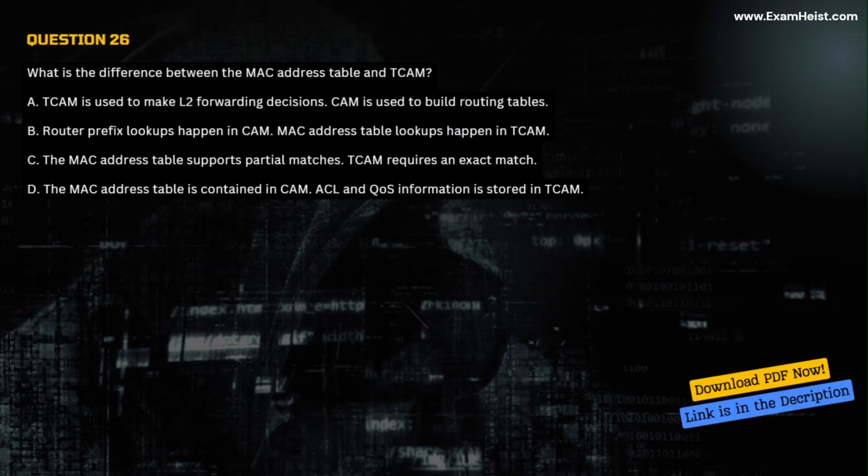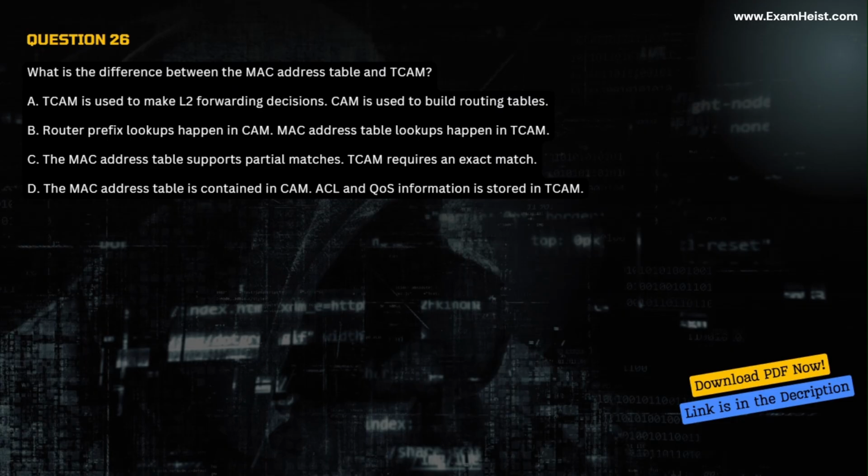Question 26. What is the difference between the MAC address table and TCAM? A. TCAM is used to make L2 forwarding decisions. CAM is used to build routing tables. B. Router prefix lookups happen in CAM. MAC address table lookups happen in TCAM. C. The MAC address table supports partial matches. TCAM requires an exact match.